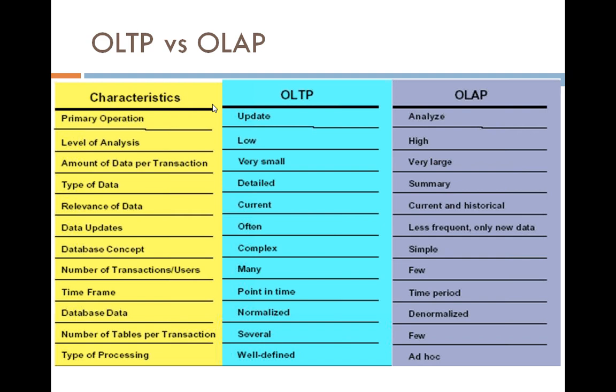Whenever a transaction happens, then sales orders are created, purchase orders, financial orders, general ledger accounts. So all these kinds of day-to-day activities related to different departments of the organization would be stored in OLTP systems. So our SAP ERP, our SAP ECC, is also one type of OLTP system.